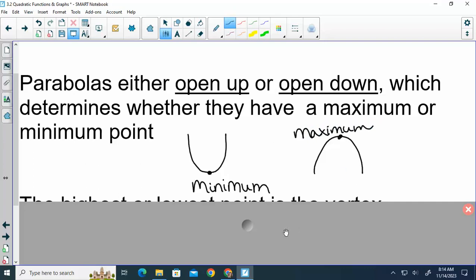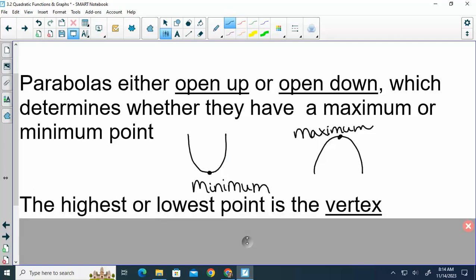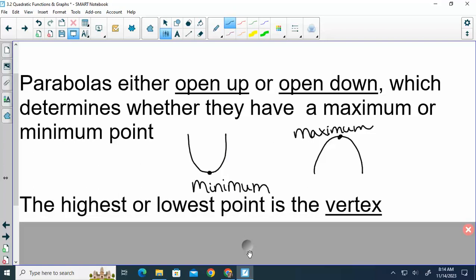What's another name for that point? Vertex. Okay, what is the imaginary line, that vertical line that goes through the vertex? What is that called? Do you remember? Very good.